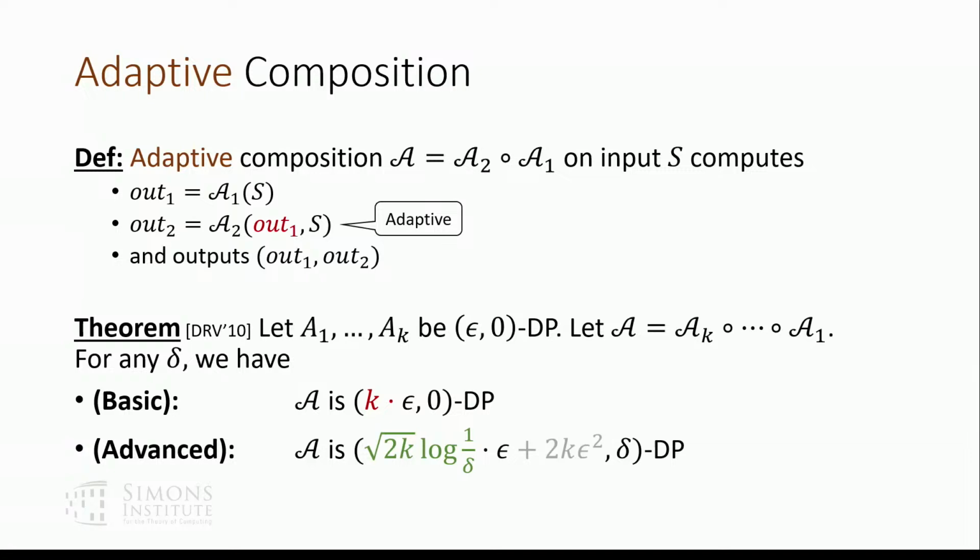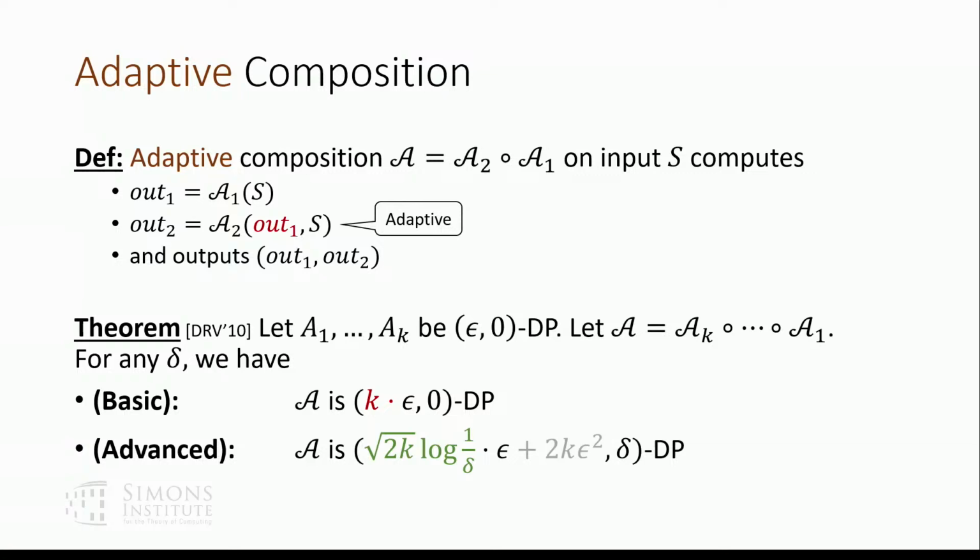But with a better analysis, one can also show that, if you are willing to pay some additive error, and this can be super small, then A is actually something like square root k private.